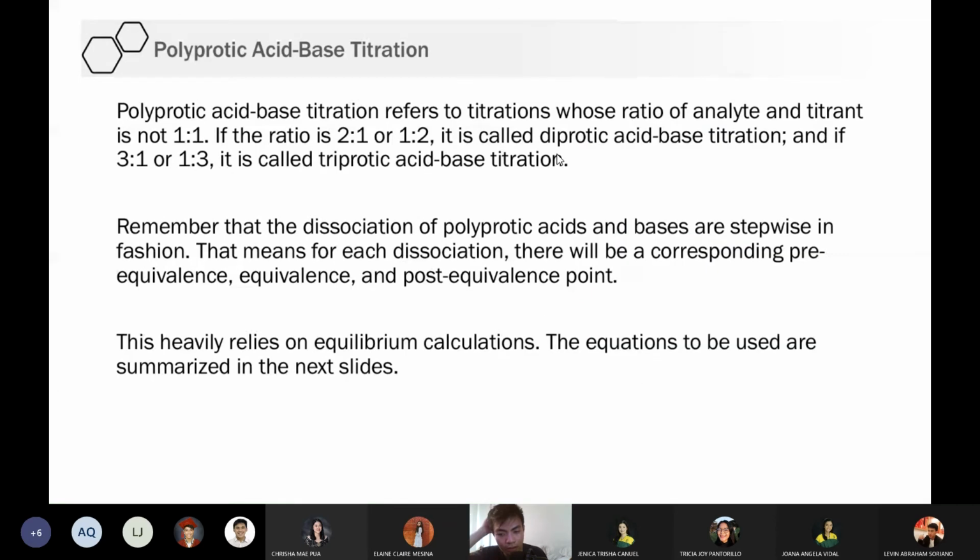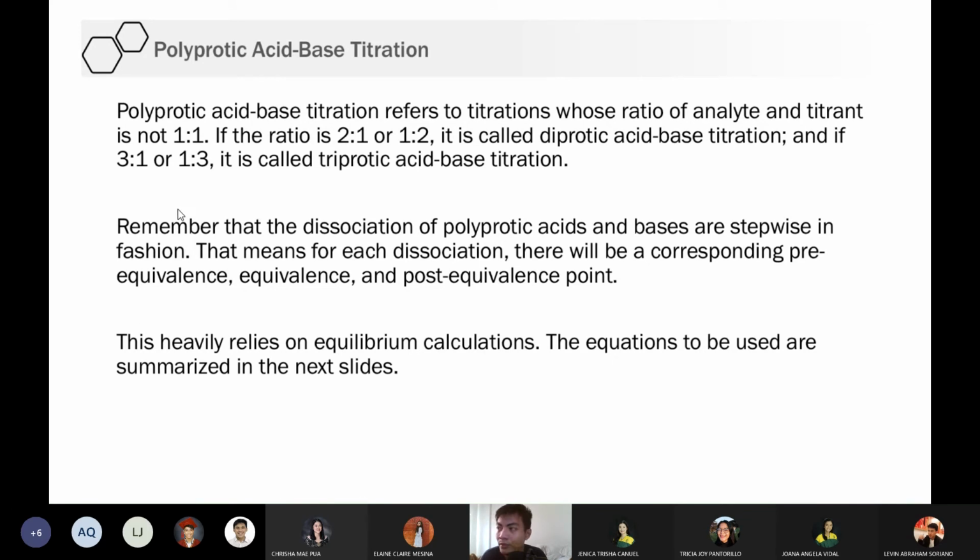Okay, so ito naman, nakwentuhan ko na to last time pero balikan uli natin para ma-refresh. Polyprotic acid-based titration, from the word itself, polyprotic. Ibig sabihin, maraming protons ang involved sa reaction. Either tumanggap ng proton, magbigay ng proton, same lang yan.